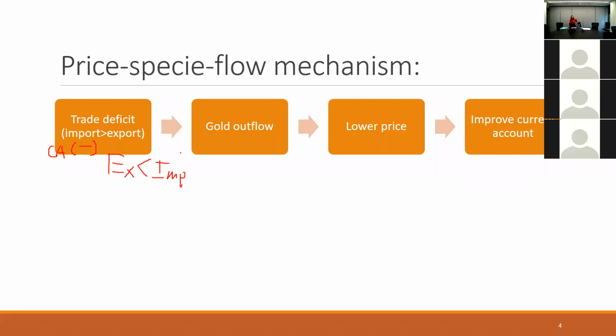And because we are buying, we need to be paying our trade partners, right? So we are the person that needs to pay our trade partner. So when we pay for the goods and services using gold, there will be an outflow of gold, right? So if we give them the gold to pay for our goods and services, there will be less gold in our system, yeah?